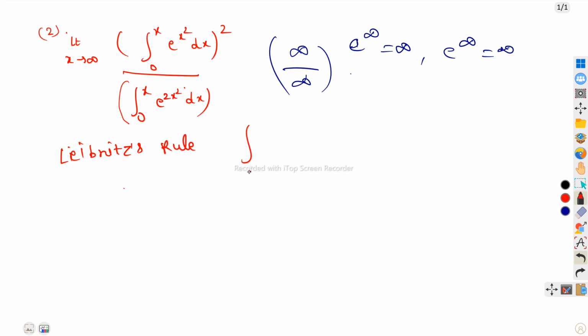If y equals the integral from h(x) to g(x) of f(t) dt, and if we have to find dy upon dx, then what we do?